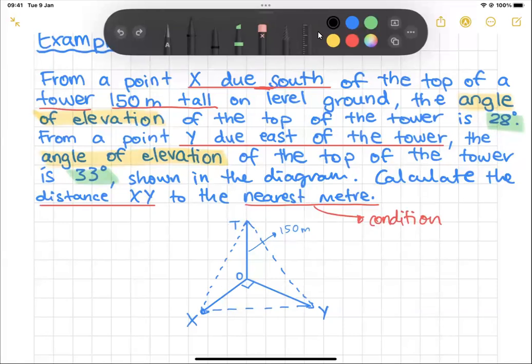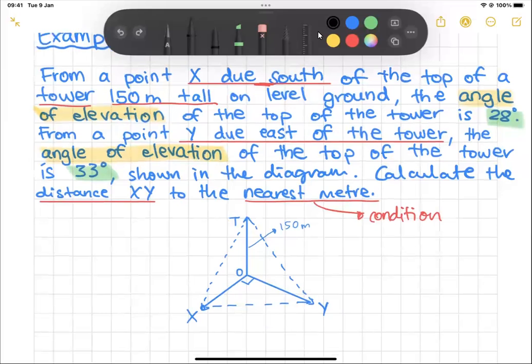So we've got everything here except the angle of elevation. When it talks about the angle of elevation, this is what I mean. The angle of elevation is between the line from the top of the tower to the point on the ground and the line along the ground. This is the angle of elevation.